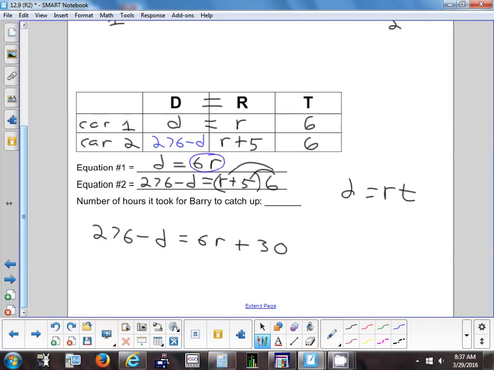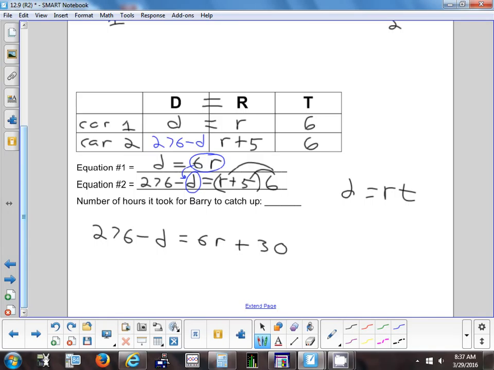So we're going to take what distance equals, and where am I going to plug in the 6R in equation 2? For what letter? Where the D is, right there. So plug that in. It says distance equals 6R, so fill in 6R for D in equation 2. And then from there, it should be pretty easy.